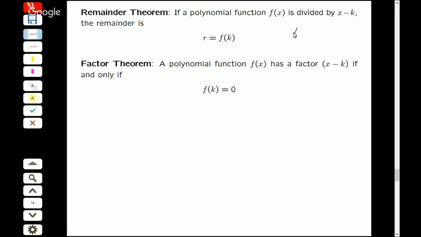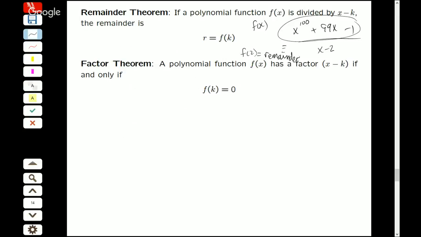If you had x to the 100 plus 99x minus 1, and you want to divide it by x minus 2, your answer is going to be, if this is our f of x, equal to f of 2, your remainder. The remainder is f of 2.